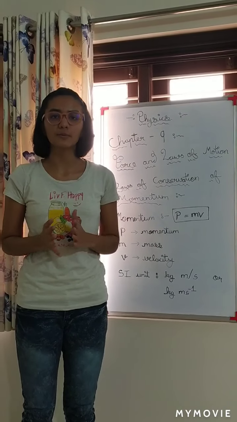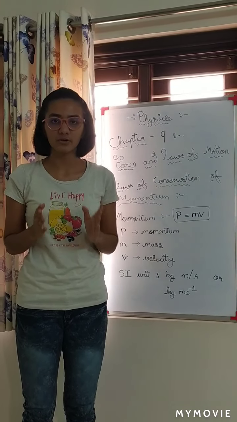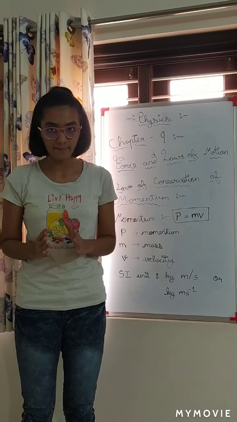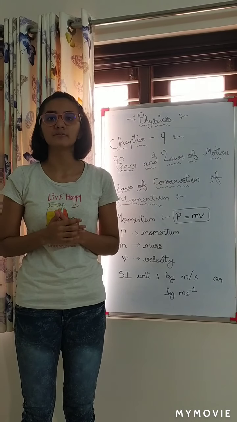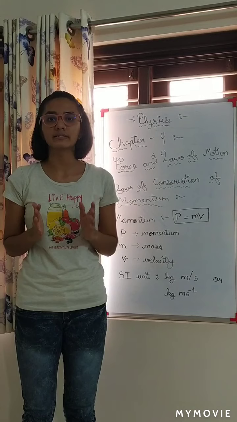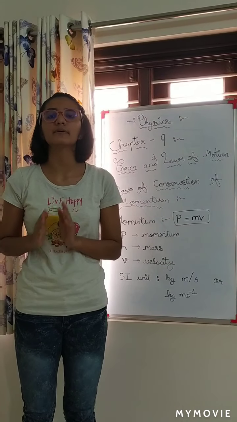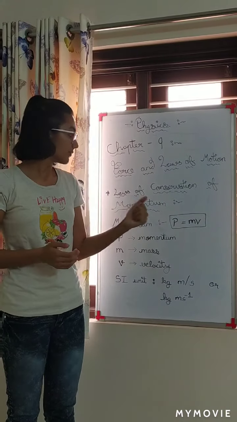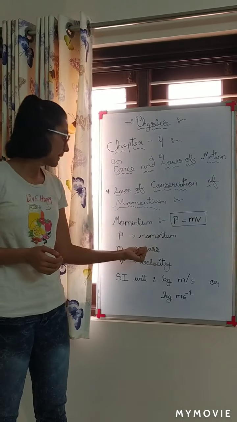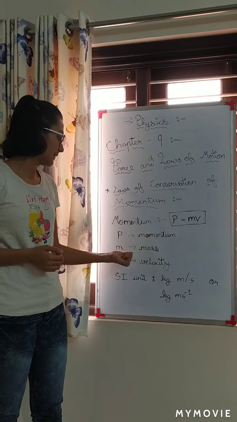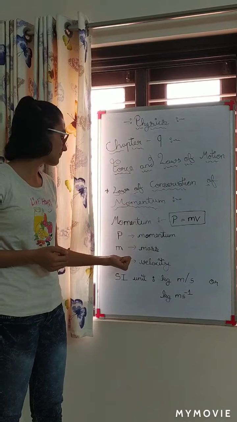The linear momentum of a particle or an object that has mass m and is moving with velocity v is defined to be the product of mass and velocity, where momentum is denoted by p, mass by m, and velocity by v.